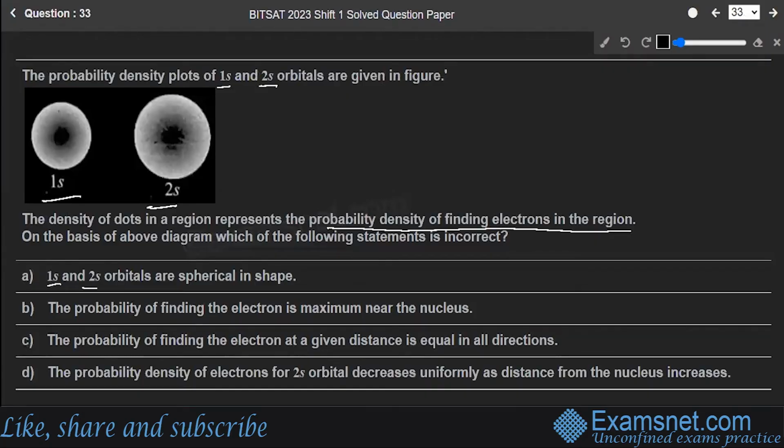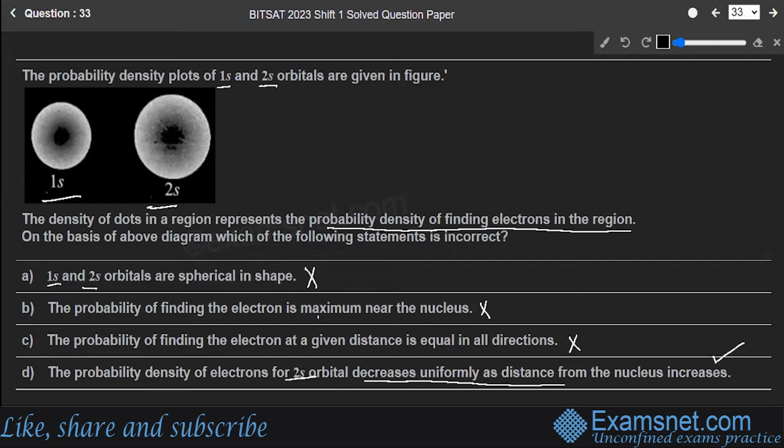First, 1s and 2s orbitals are spherical in shape. No, the probability of finding the electron is maximum near the nucleus. No, that's not true. The probability of finding the electron at the given distance is equal in all the directions. The probability density of electrons for 2s orbital decreases uniformly as the distance from the nucleus increases.